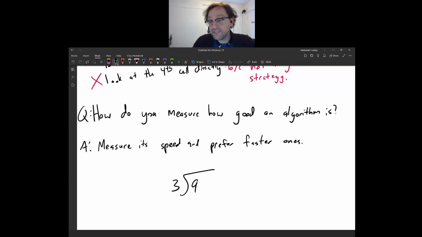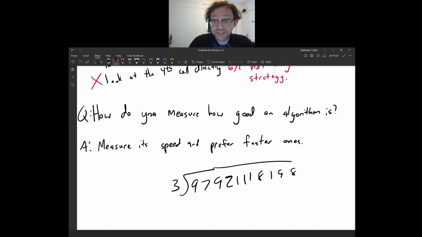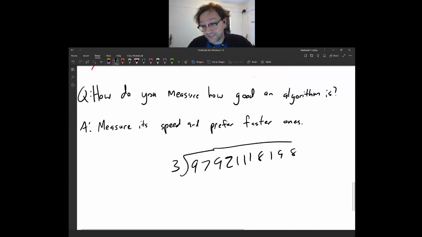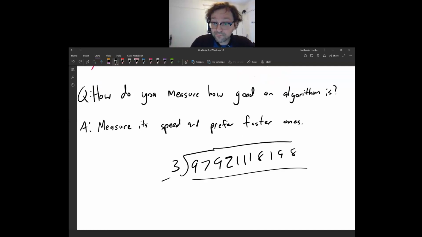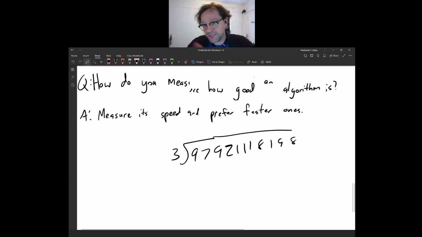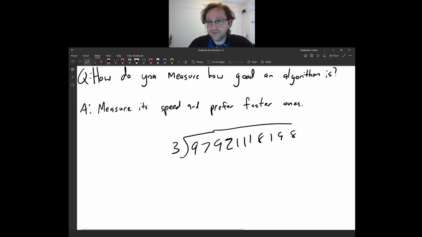But if you have a really long number, then there's a particular algorithm that you can follow. So this is the input. You're given a number and another number, and you want to know, does this evenly go into that or not? Or how many times does this go into that? I don't know what algorithm you learned in school, but one common one is that you start all the way on the right, you see how many times, I'm sorry, other way around.